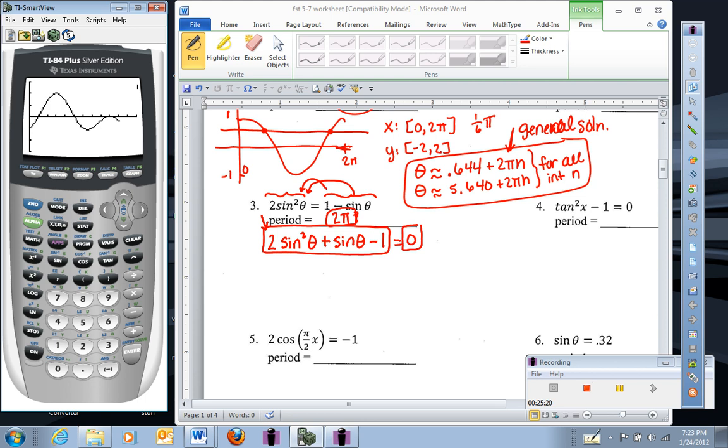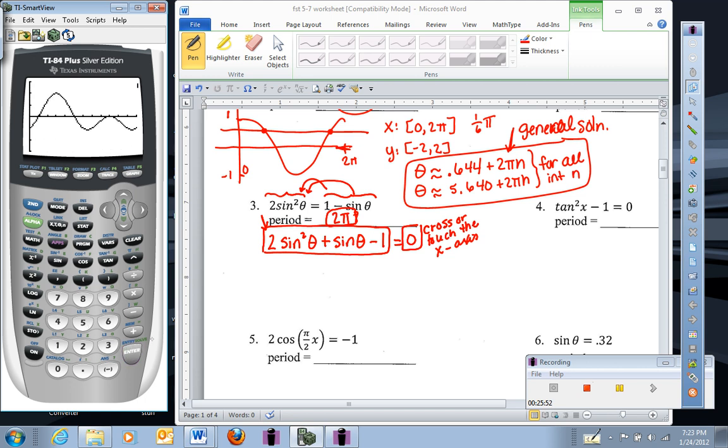Okay, we're wanting to know where it's equal to 0, which means where does it cross or touch the x-axis, right? And I see that that's happening over here, 1, 2, and 3 spots. Okay, so I'm going to put my cursor kind of back here to the left, and I'm going to trace that point.